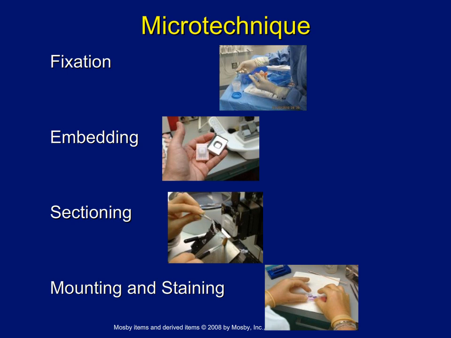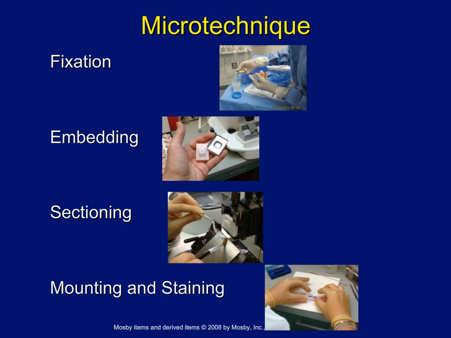Now once that specimen's been properly fixed, we're then going to go on and do the embedding. Embedding is just the process of taking that chunk of fixed tissue and getting it into some kind of hard medium that can be sectioned easily. And most often that medium is going to be something like paraffin, which is a type of wax.